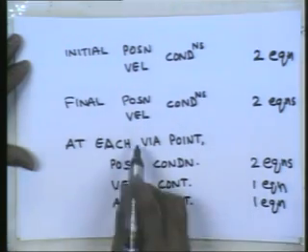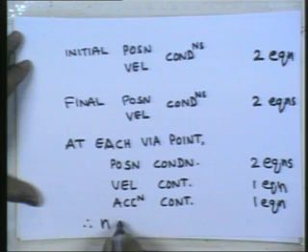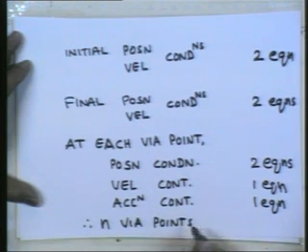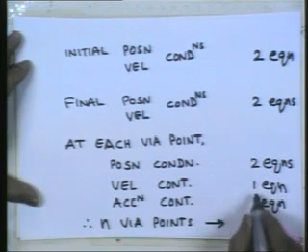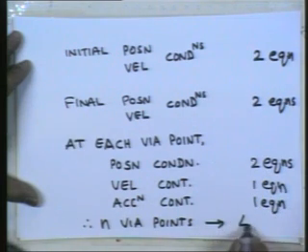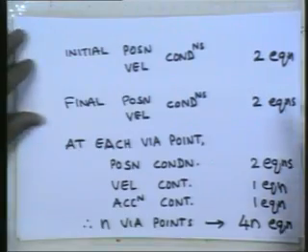You would see that if there are n via points, they give you 2 plus 1 plus 1, 4n equations. And you have here 2 equations for the initial position and 2 equations for the final position. So, the total number of equations will be 4n plus 4. Okay. That is what you will require.